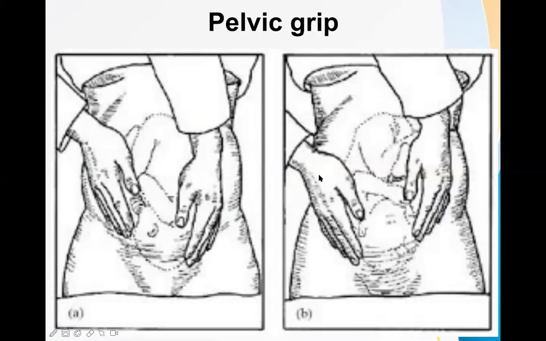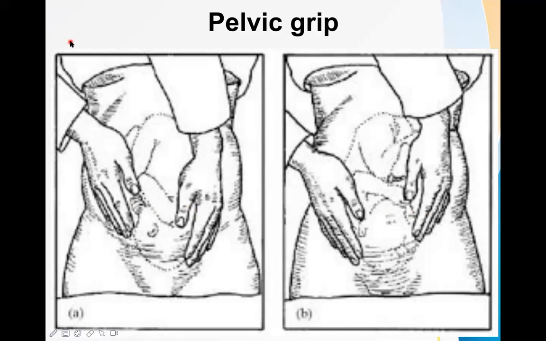Now see this, these are the pelvic grips. I'm sure all of you can see it. See here, this is how we judge the pelvic grip. In this picture the baby is turning on this side, and in the other picture turning on the opposite side. So this is known by the pelvic grip.